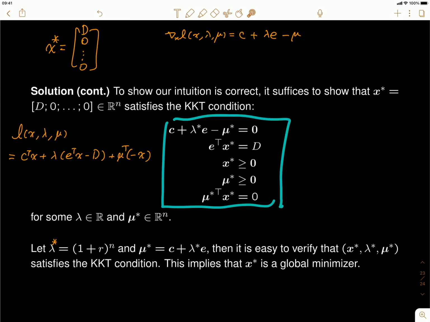Say my x star is that, my lambda star is this, and my mu star is this. Let's see if they satisfy the conditions. Okay, actually it's pretty easy to check.